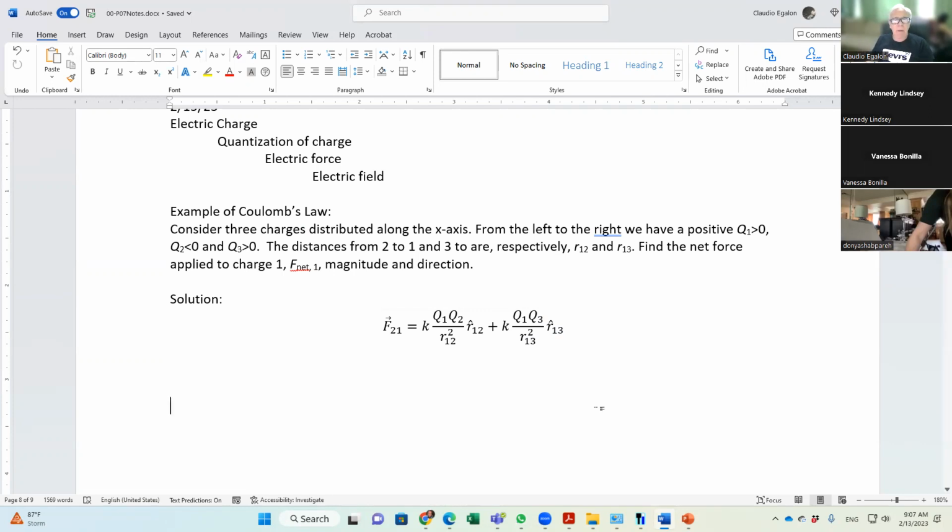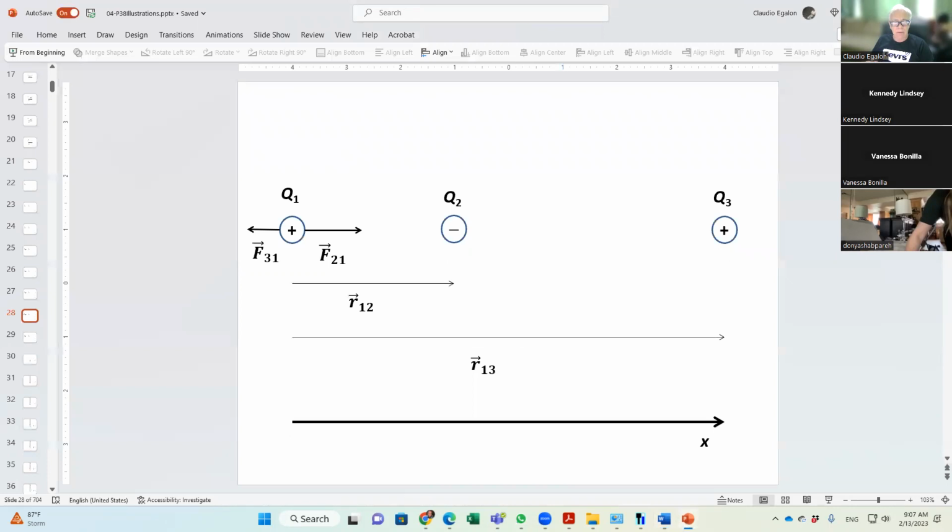In the next step, you're going to recognize that those unit vectors R hat 12 and R hat 13 are equal to each other. Because R12 is pointing to the right, R13 is pointing to the right as well. So their unit vectors are also going to point to the right. It happens that their unit vectors are going to coincide with the unit vector in the x direction. That's something you can recognize rather easily.